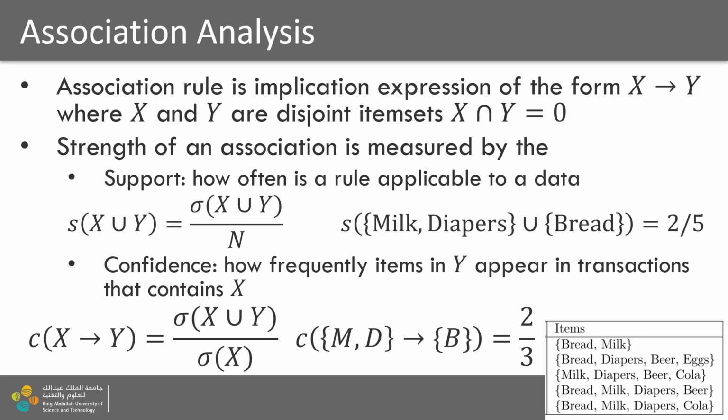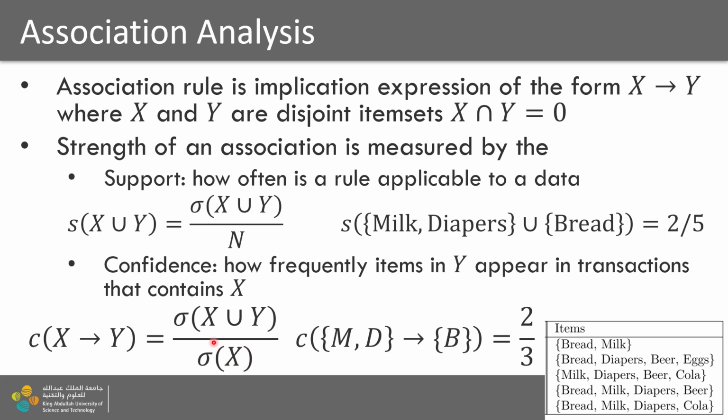The second is expressing the confidence. How frequently does Y appear in transactions that contain X? So now we are looking at all transactions of X. Let's say we have the rule milk, diapers imply bread, where X is milk and diapers and Y is bread.